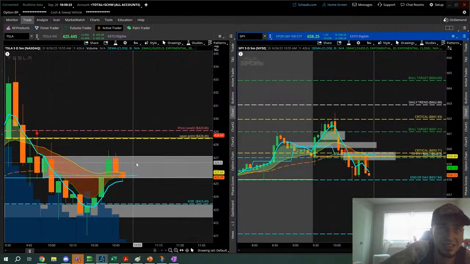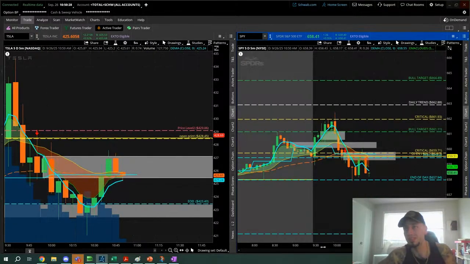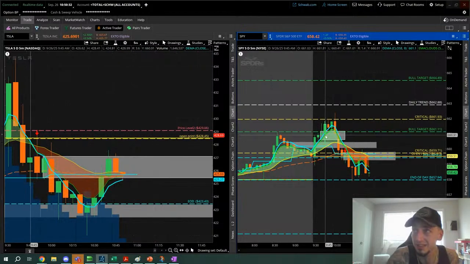All right, Tesla is looking weak. AOV. We're still above that 9, though, so I'm just staying a little patient. We're getting a little flag here to the downside on SPY.